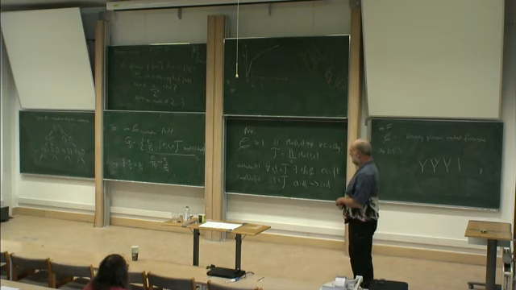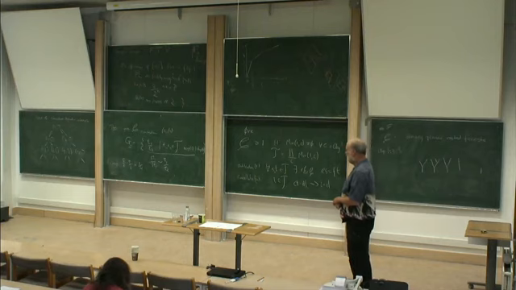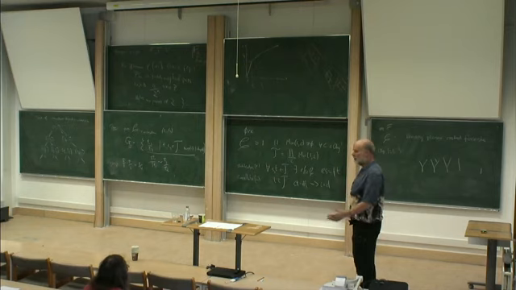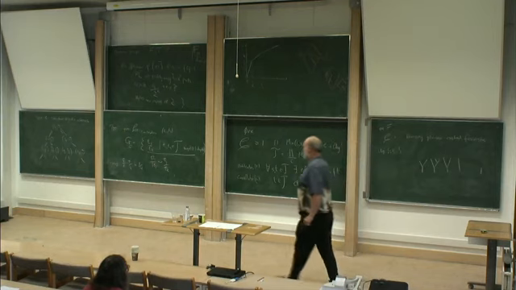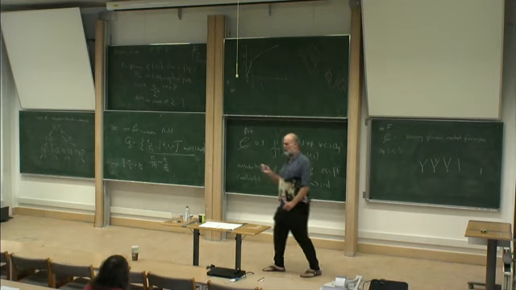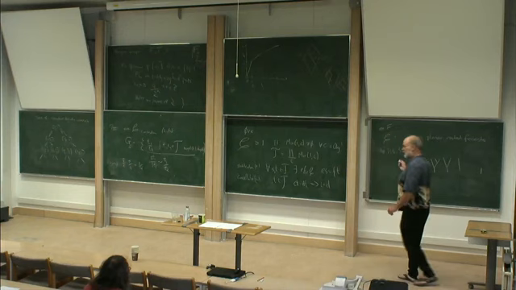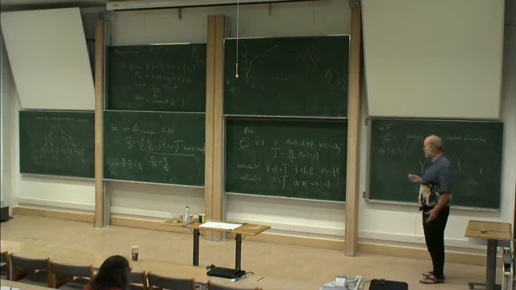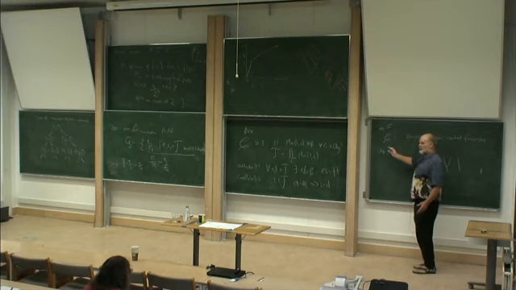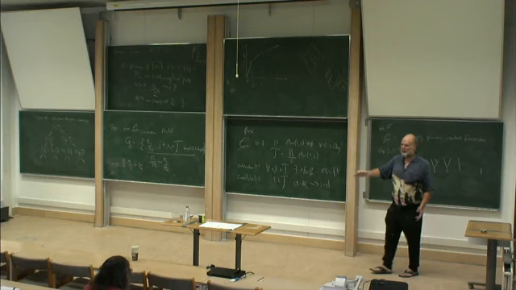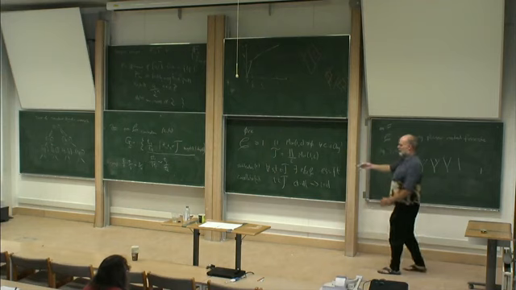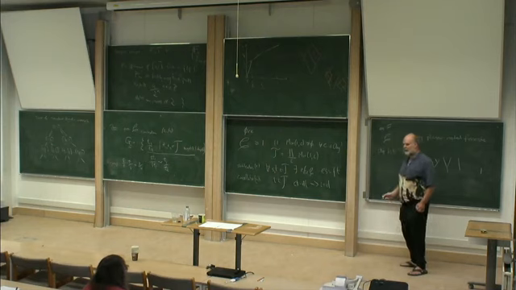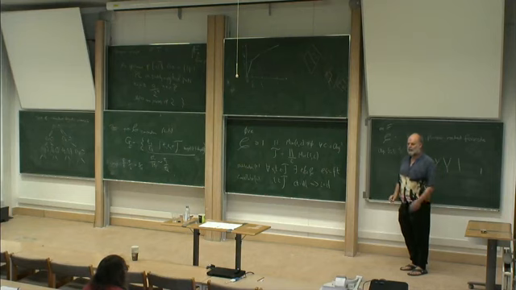Right, so what? I've given a construction which is barely different from the usual construction of Thompson. I've seen that it applies in lots of other situations. What does it buy me? Okay, so here's what it buys me. I claim that every time I have a functor, I have to use this categorical word, from C to any other category, maybe it's got to be small, but all categories are small for me anyway, I get an action of the Thompson group on something.